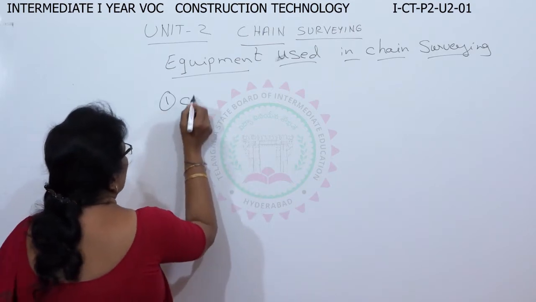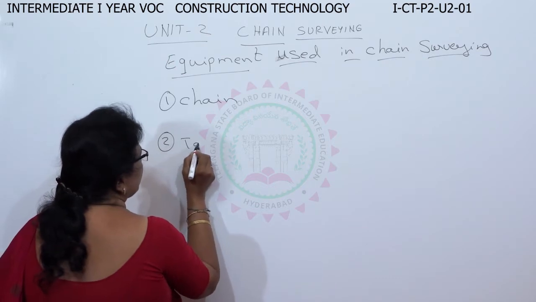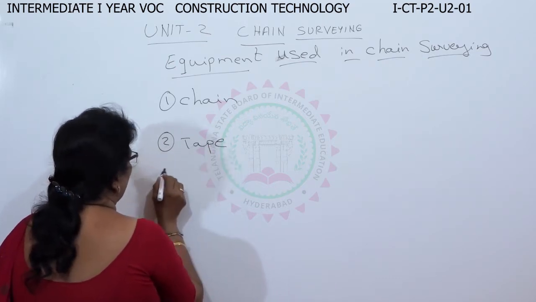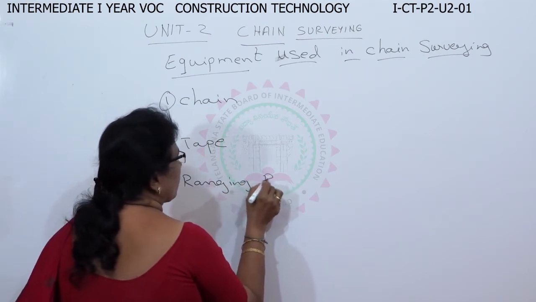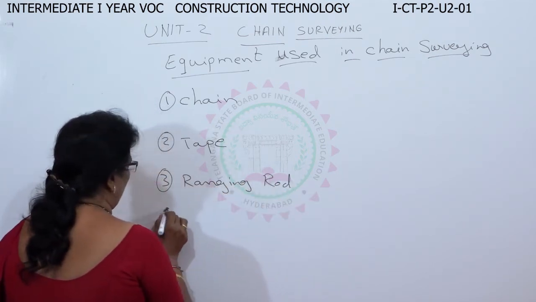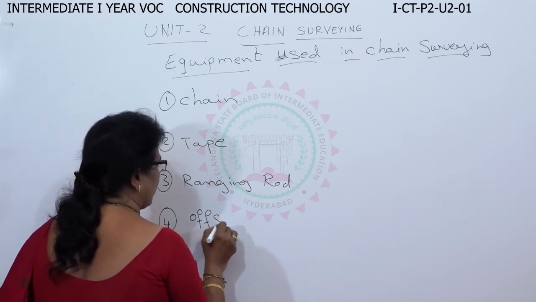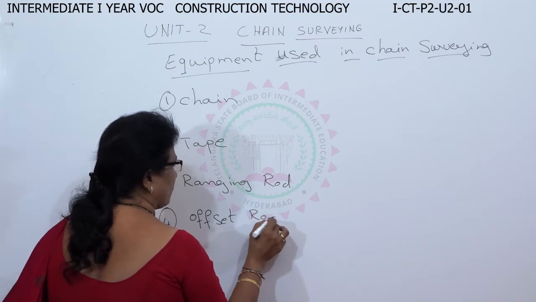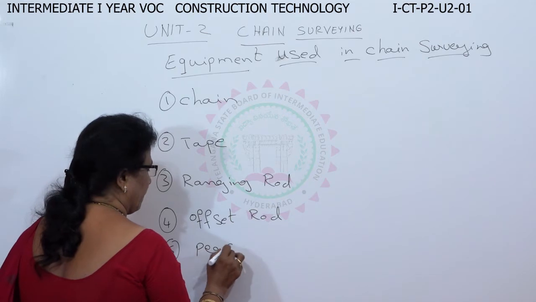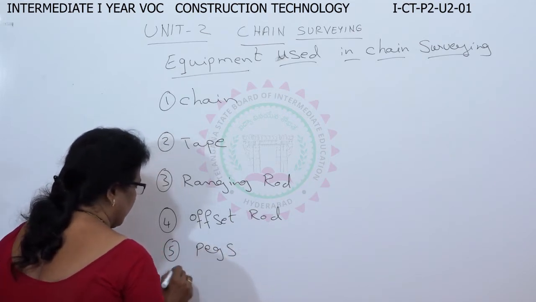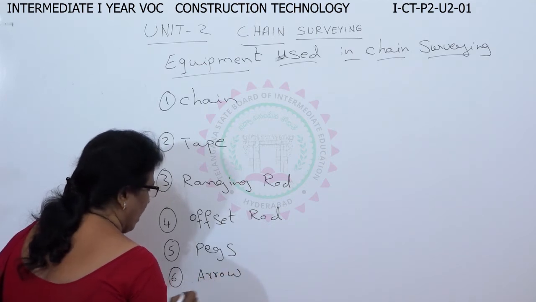One, chain. 2, tape. 3, ranging rod. 4, offset rod. 5, pegs. 6, arrow.